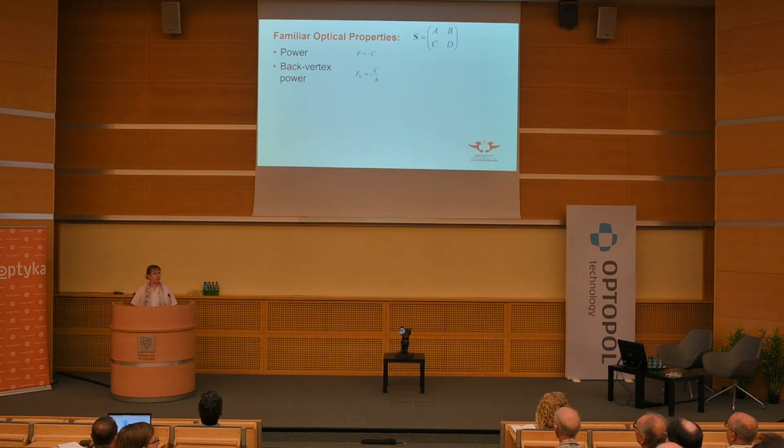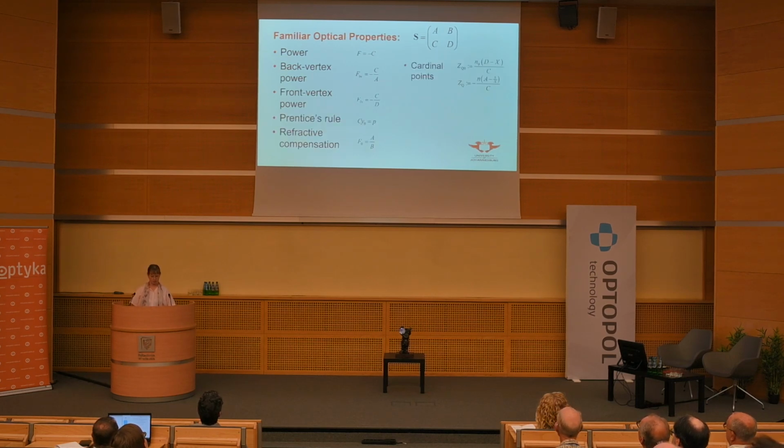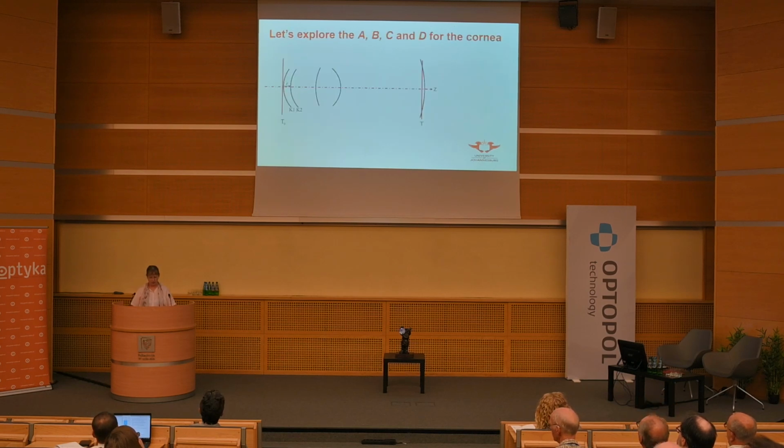So the familiar properties are power, front vertex power, back vertex power, Prentice's rule, refractive compensation, positions of the cardinal points, divergence across a system, thick lens power, etc.